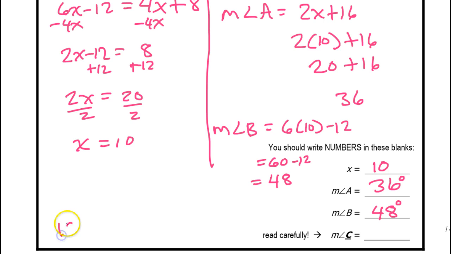So if I just take 180 and I subtract the 36 and the 48, that should give me the remaining angle C. Hey Siri, 180 minus 36 minus 48. 180 minus 36 minus 48 is 96. So angle C should be 96 degrees.